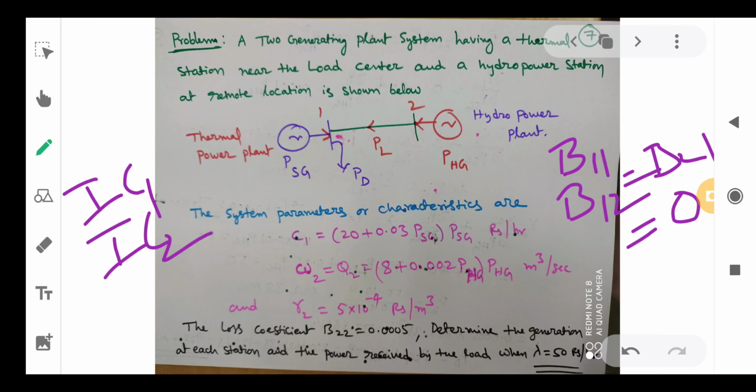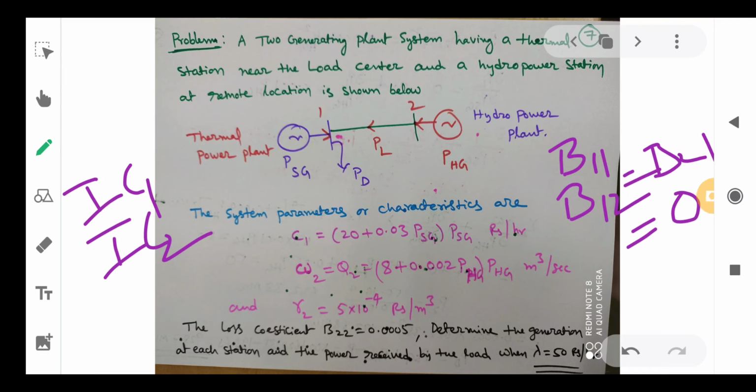All these are the various parameters related to our problem. And the last coefficient B22 equal to 0.0005, and the other coefficients B11, B21, B12 are all equal to 0 because the load is located at bus number 1, that is the steam power plant. Therefore B11, B21, B12 all are equal to 0.